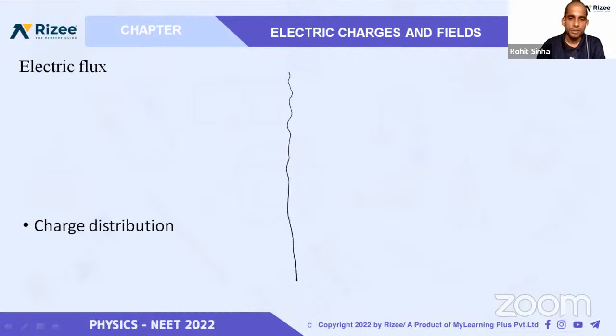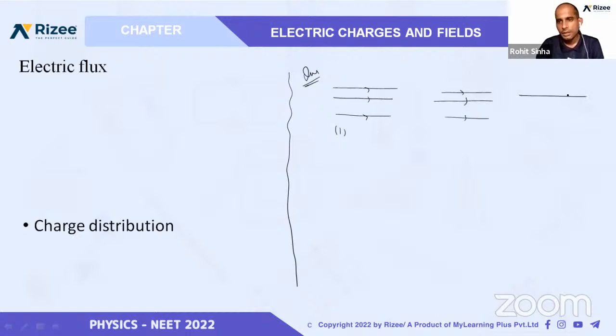Okay. Suppose I have three figures. This is a good question. It has been asked in JEE also, and it is very important for your NEET also. Now, suppose there is one electric field in figure 1, another electric field like this, and another like this, they are equal.